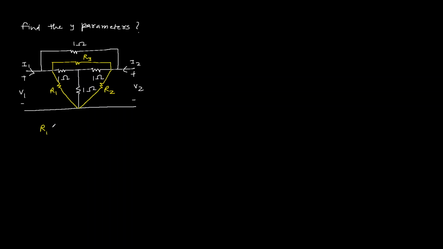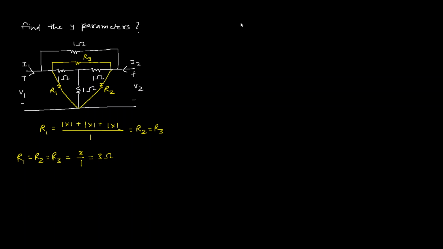So this R1 is simply 1 into 1 plus 1 into 1 plus 1 into 1, divided by 1. See, in the T network all the resistances are equal, that is 1 ohm. So in the delta or pi network all the resistances are also equal. So this is also equal to R2 and R3. So R1, R2 or R3 is 3 over 1, or 3 ohm.